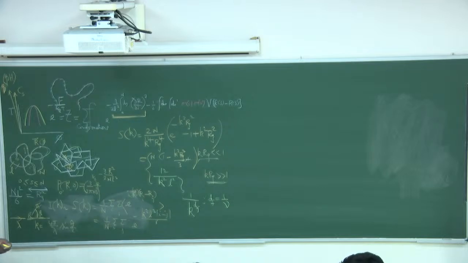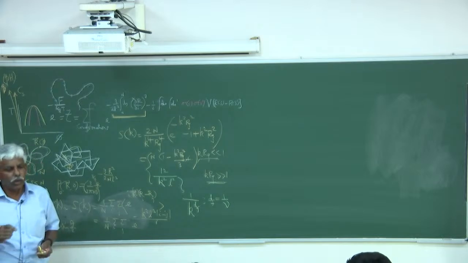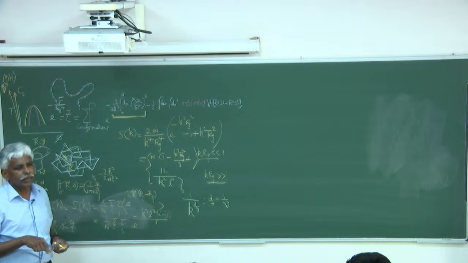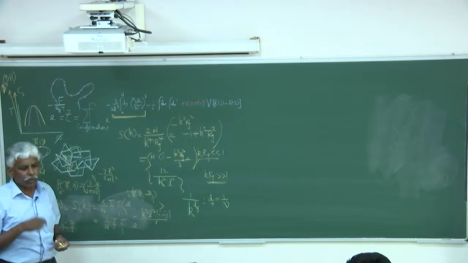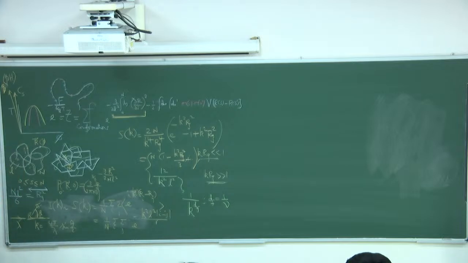Is it easy to pull it or harder to pull it? That's the question. In order to answer this, I go to the free energy of a single chain with end-to-end distance R, free energy divided by kBT.